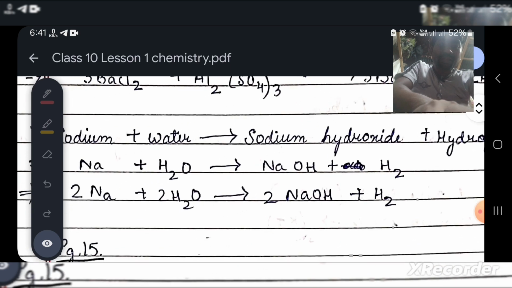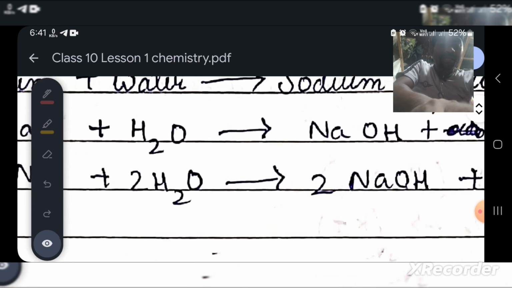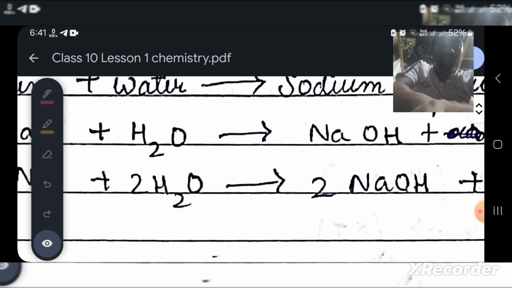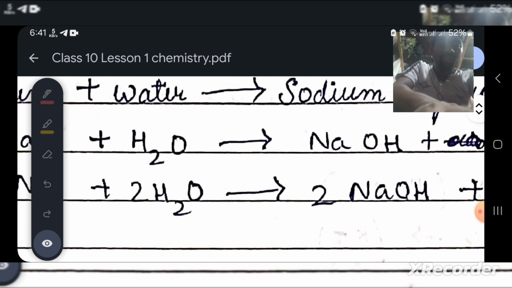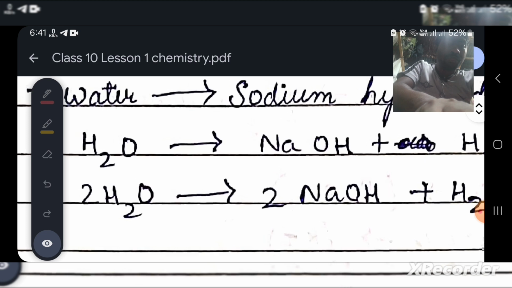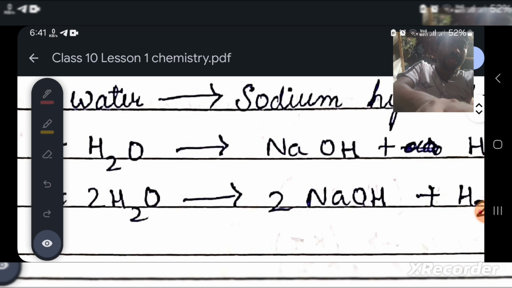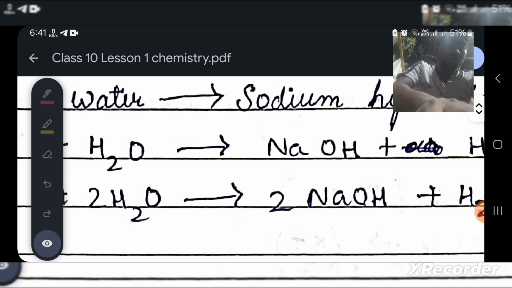Done. By putting here 2, we can look that we have balanced the oxygen also. You can look before the arrow there is 2 oxygen, and after arrow there is 2 oxygen, NaOH. Before there is only 1 oxygen, now it becomes 2 because 2 is in front of it, so it will multiply by all.